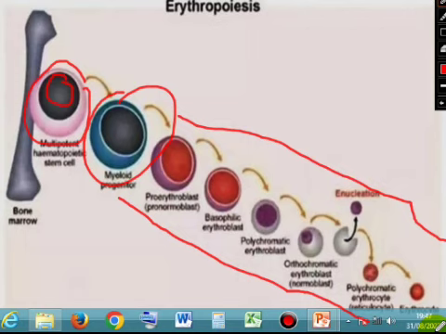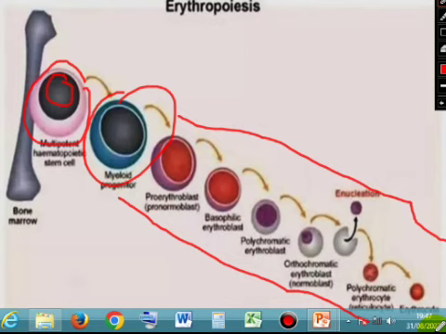As the cell develops and grows to maturity, the nucleus is lost. The size of the nucleus decreases and eventually disappears, and the mature red blood cell comes out having no nucleus.